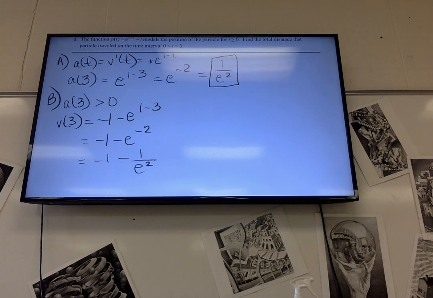A negative and then minus something. That's also 2 negatives. It's going to be negative. So this is less than 0. So the speed of the particle is decreasing.